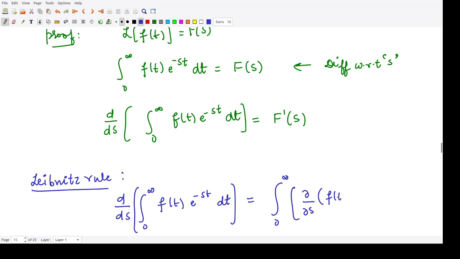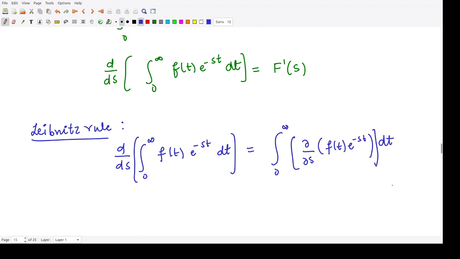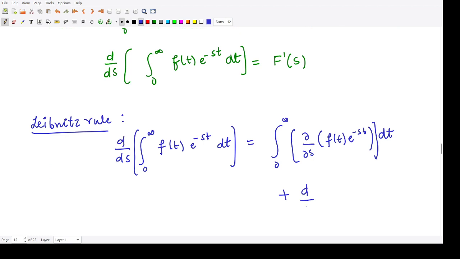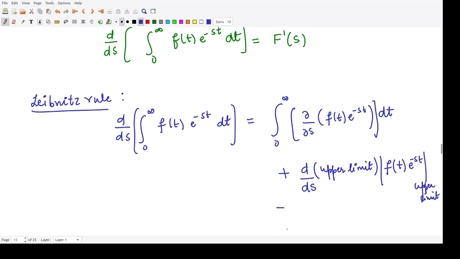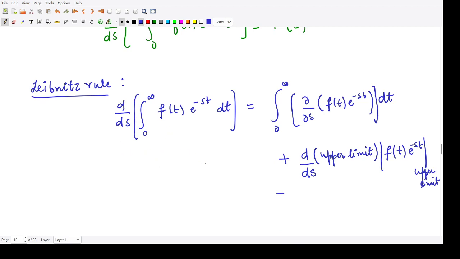So inside is f of t e to the power minus st, and dt would come as such, and then plus the derivative of the upper limit and the value of this function f of t e to the power minus st evaluated at this upper limit, minus the derivative of the lower limit and the whole function f of t e to the power minus st evaluated at this lower limit.